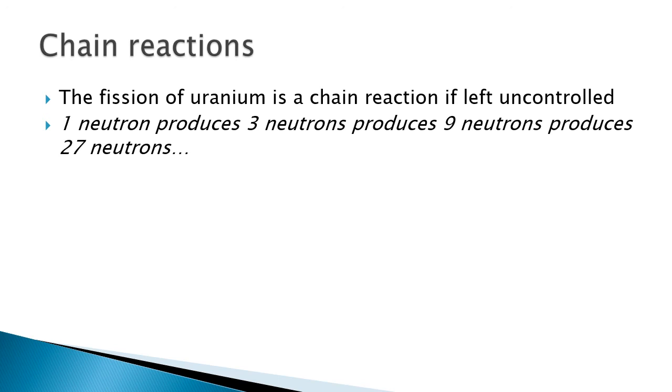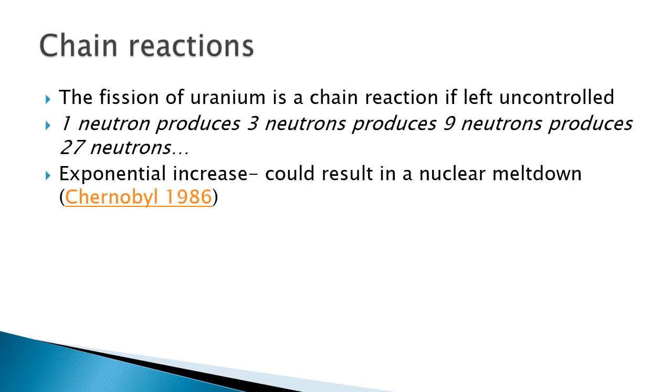And those 3 neutrons can then collide with another 3 uranium atoms, and those 3 can break apart, and then all of a sudden those 3 release 3 each, making it 9, and then 9 produces 27, making it an out of control nuclear reaction. So this is why it's very important that we can actually control nuclear reactions.